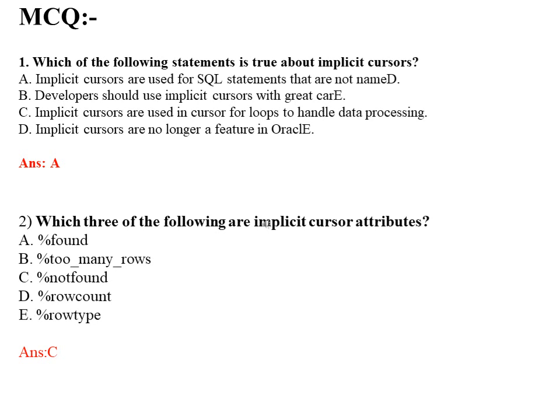Option C. Implicit cursors are used in cursor FOR loops to handle data processing. Option D. Implicit cursors are no longer a feature in Oracle. Answer is option A. Implicit cursors are used for SQL statements that are not named.